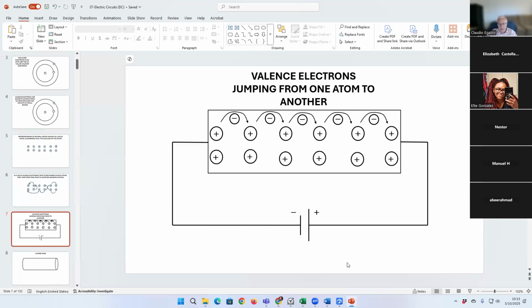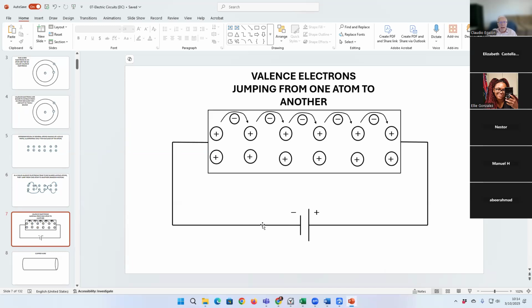The difference is that the battery has a shorter line. The shorter line corresponds to the negative terminal of the battery. The longer line corresponds to the positive terminal of the battery.